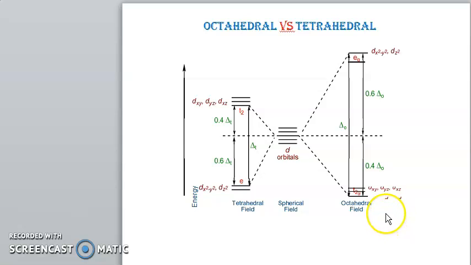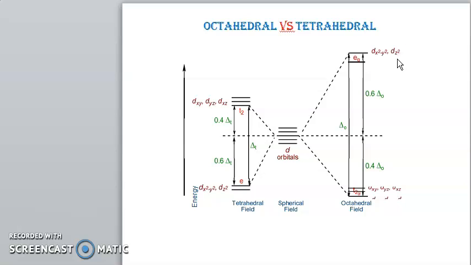The difference between these two sets of orbitals is del octahedral. From the ground state, Eg is 0.6 del octahedral and T2g is 0.4 del octahedral. This one is dxy, dyz and dxz, and this is dx square minus y square and dz square.